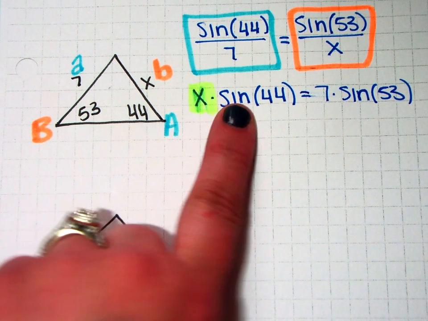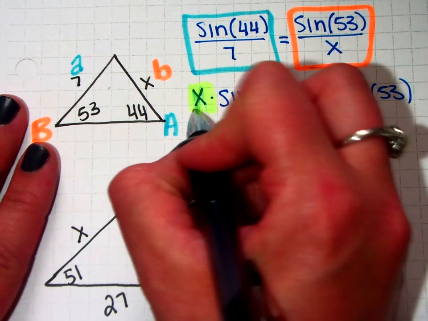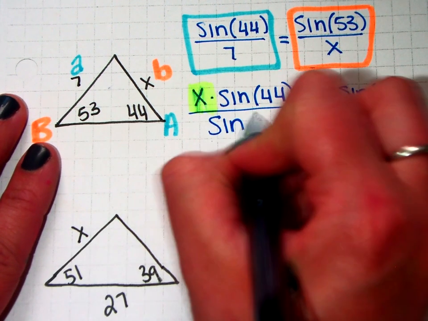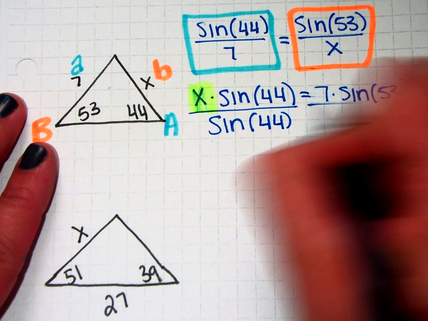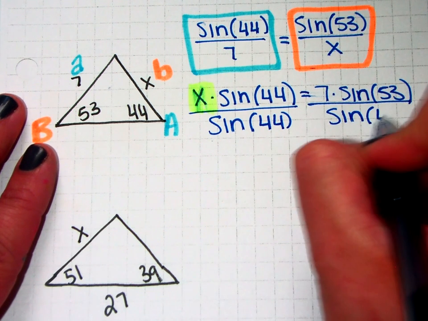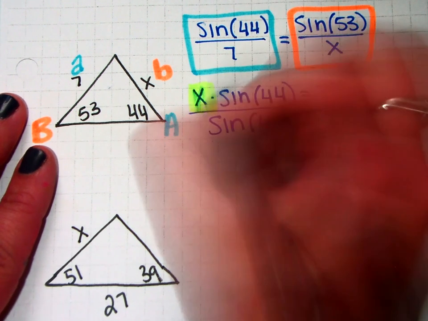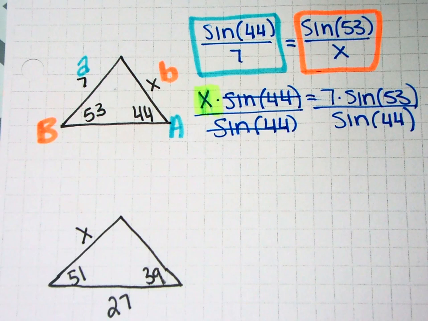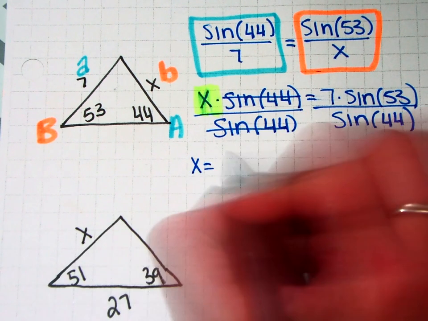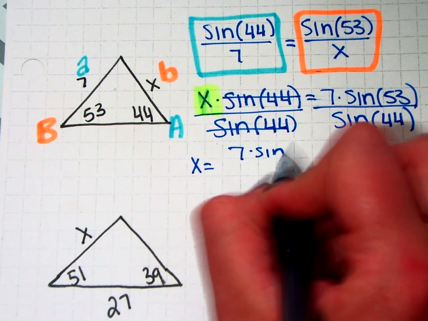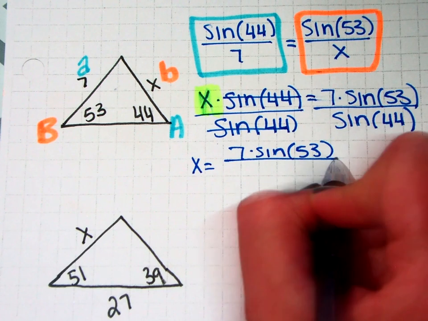So x is being multiplied by a number. To isolate x, I move the number to the other side through division. So sine of 44 cancels, and I'm left with x equals 7 times sine of 53 over sine of 44.